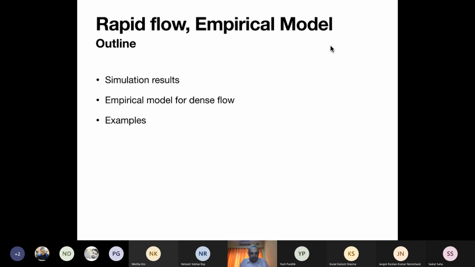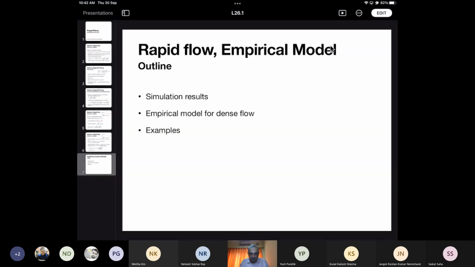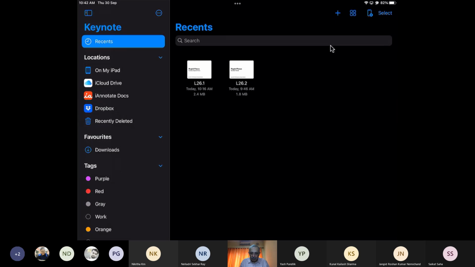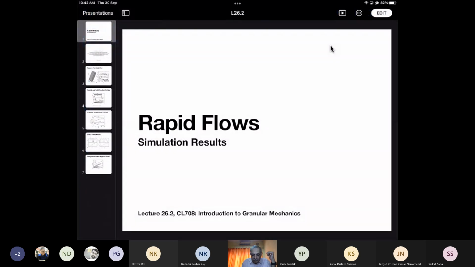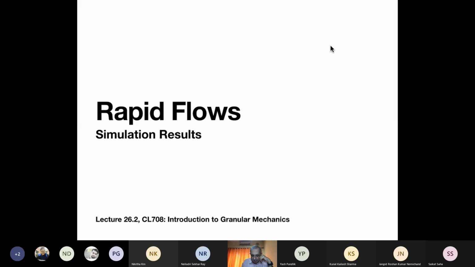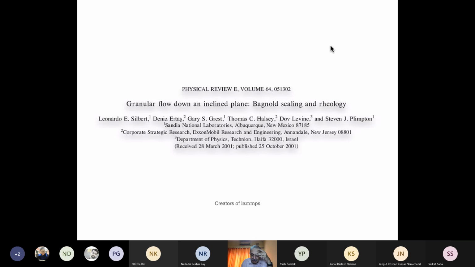So let me just show you first the simulation results. Of course, there are lots of experiments which also prove that Bagnold theory and all this works, but I wanted to show you one set of simulation results which were done quite long back, in 2001.